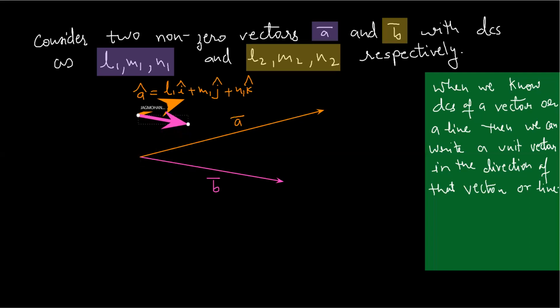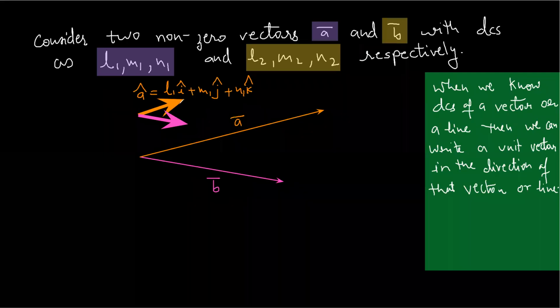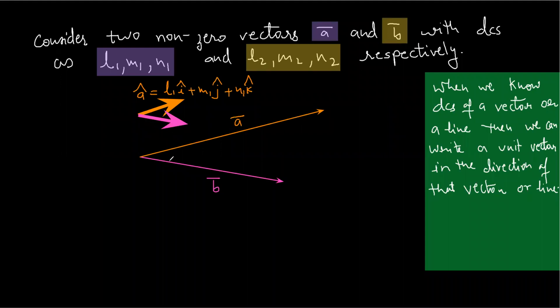So you have A bar, and in the direction of A bar you have a unit vector; B bar, and in the direction of B bar you have a unit vector. Both these vectors have magnitude 1 unit. The vector which is parallel to B bar and has magnitude 1 unit is B cap, and B cap is l2 i cap plus m2 j cap plus n2 k cap.